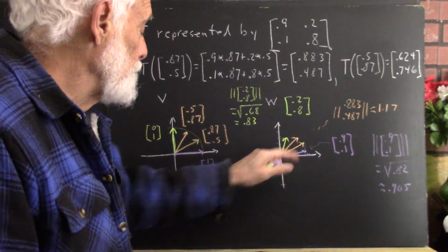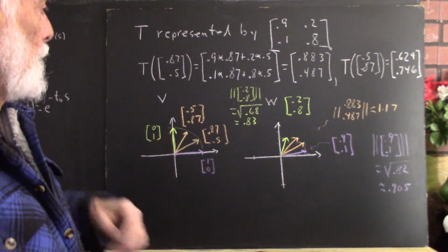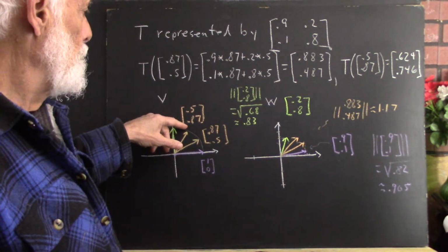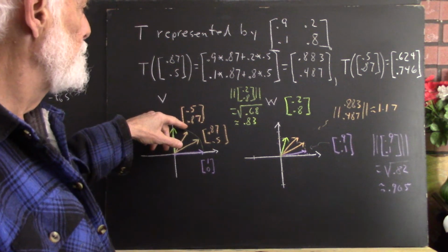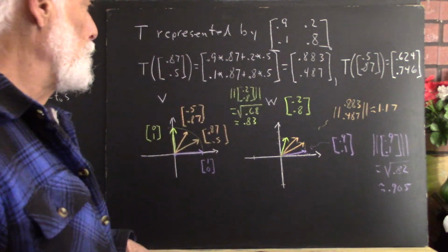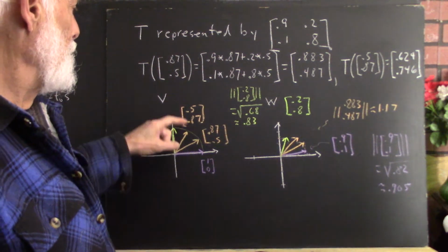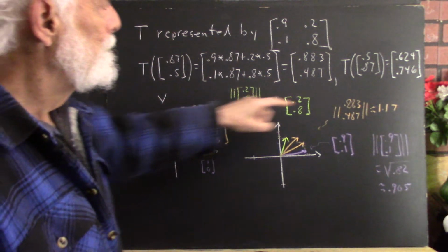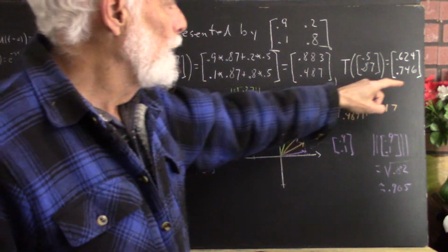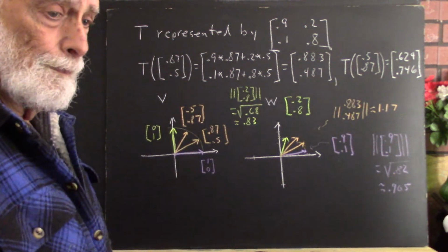Now this vector, the 0.5, 0.87, goes to the vector 0.624, 0.746. The 0.5 goes up to 0.624, the 0.87 goes down to 0.746.